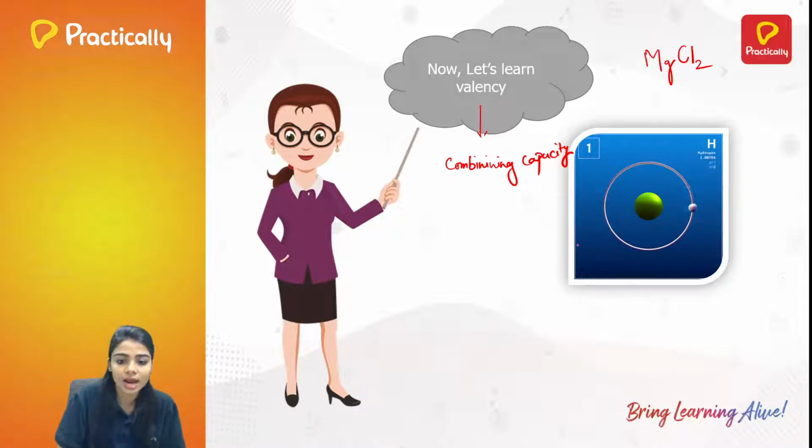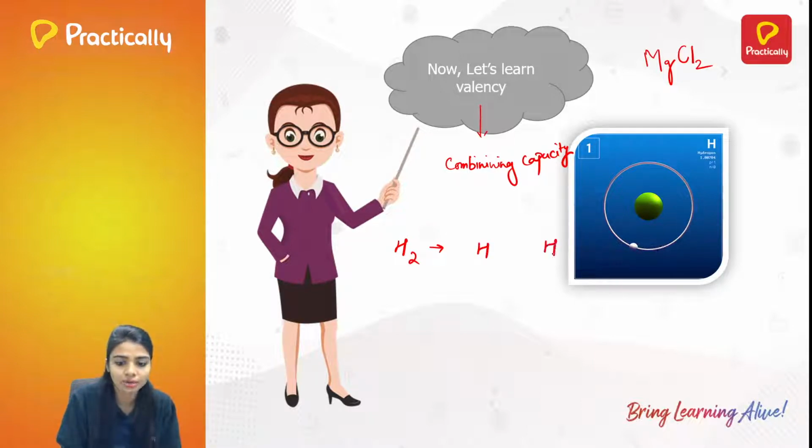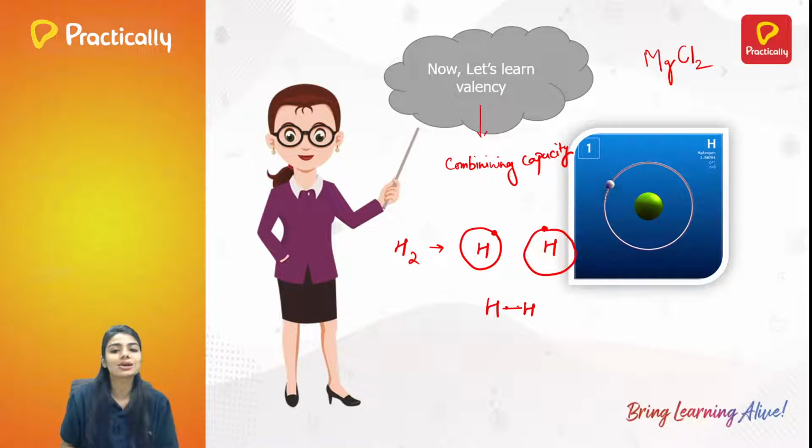Let's say for hydrogen, if I am forming H2, it means there are 2 hydrogens. Each hydrogen has only 1 electron, correct? Now they will share their 1 electron and form a single covalent bond.